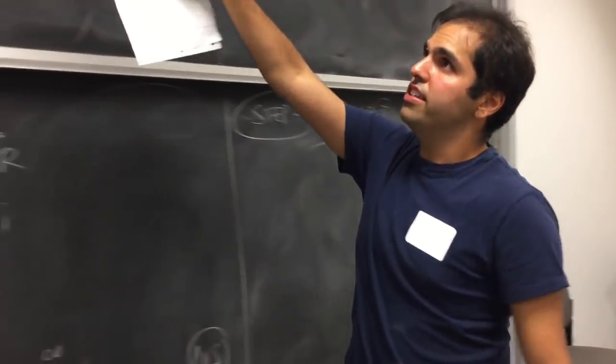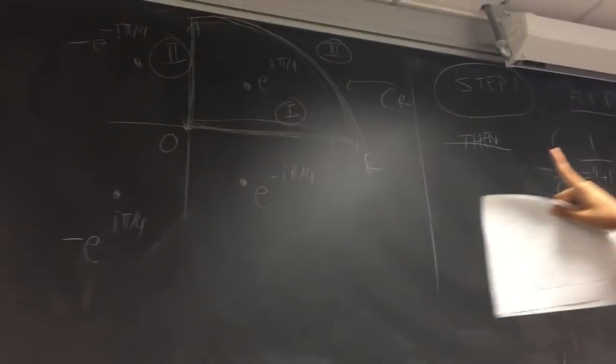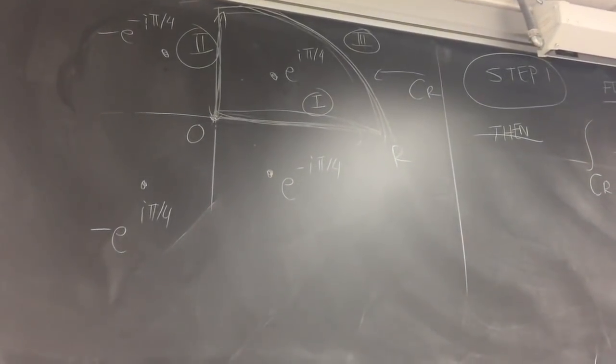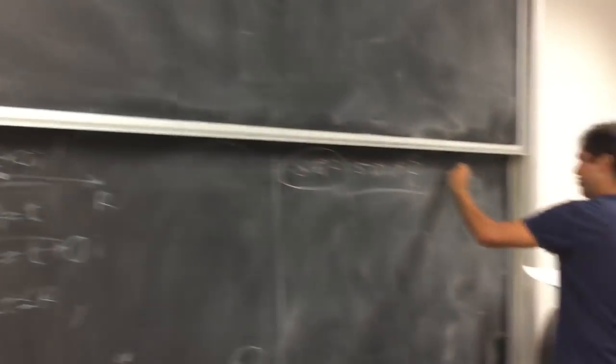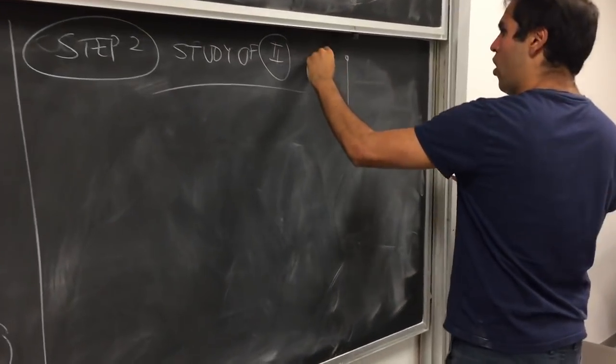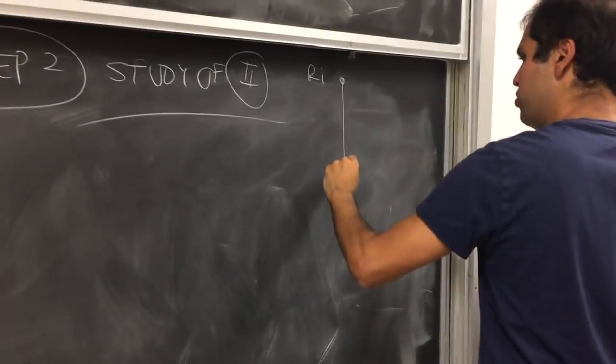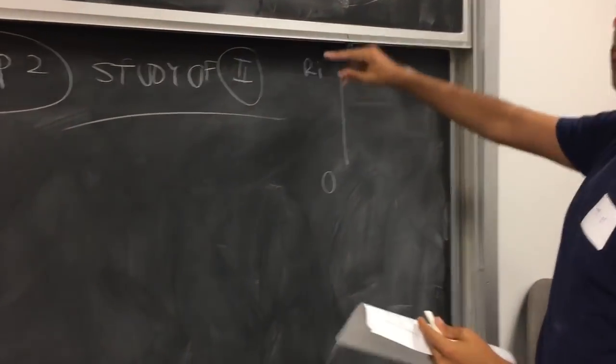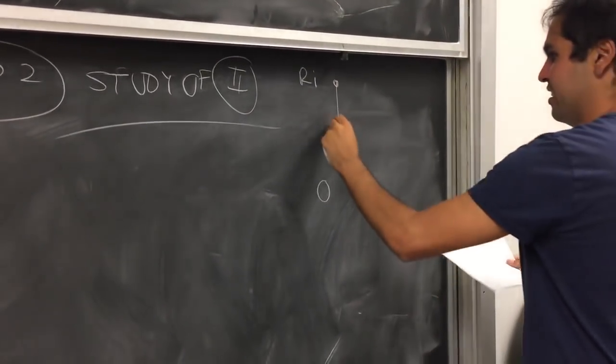Okay, so what is this curve here? Remember, it goes from up to down. So if you like, it goes from the point Ri to 0, because remember, here we are on the imaginary axis.